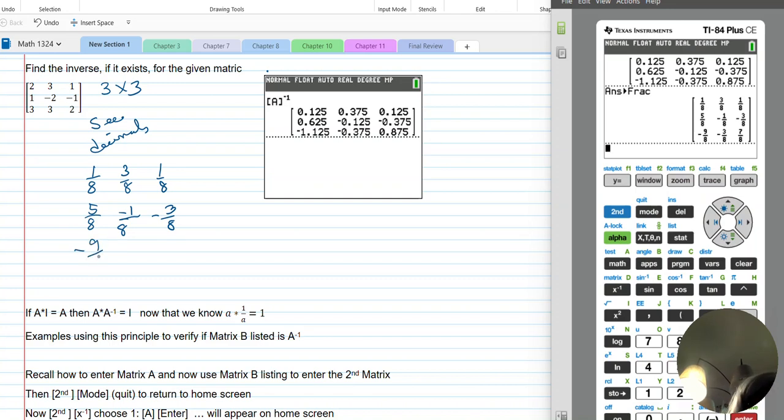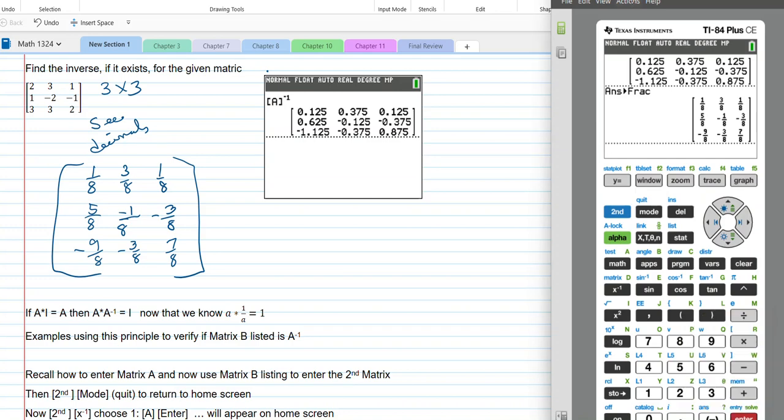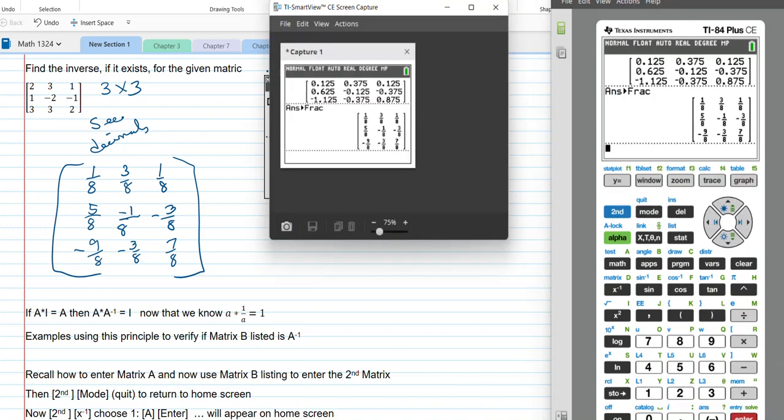Very competitive. 9/8, -3/8, and 7/8. Right. So this is my solution. And let me capture that screen as well for your notes.